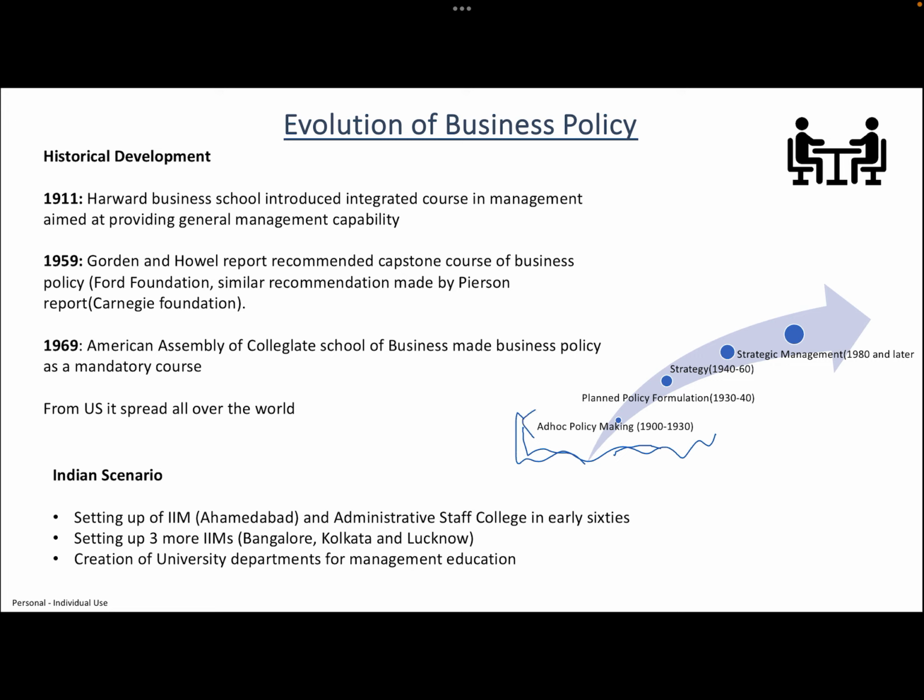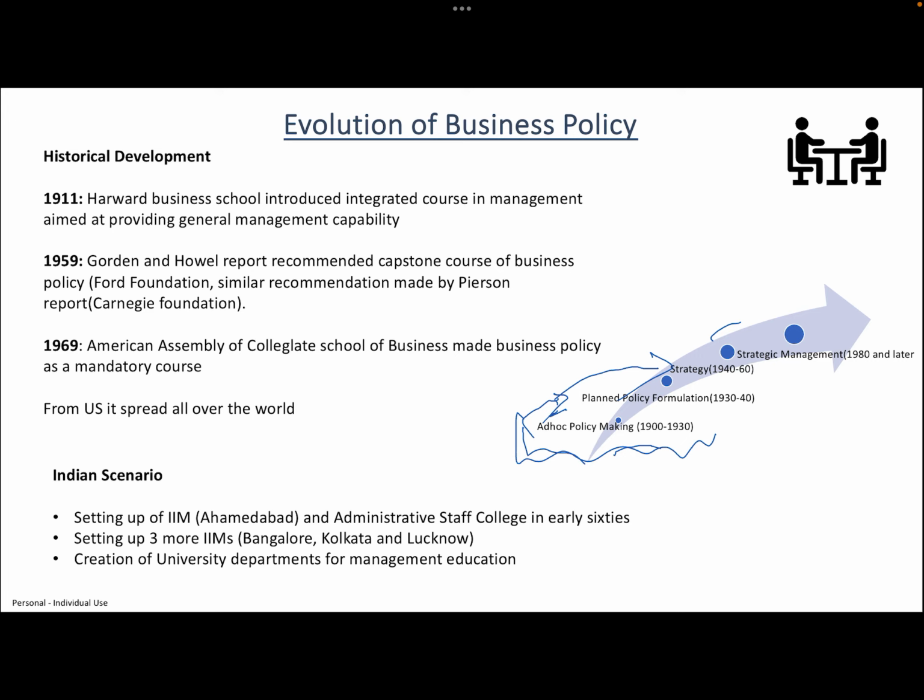Then it slowly took shape as planned policy formulation. It was a short-term kind of planning they started. Then long-term strategic planning and other things started in 1940 to 1960. Finally, whatever we are seeing nowadays, strategic management, is part of 1980 and 90 and later.